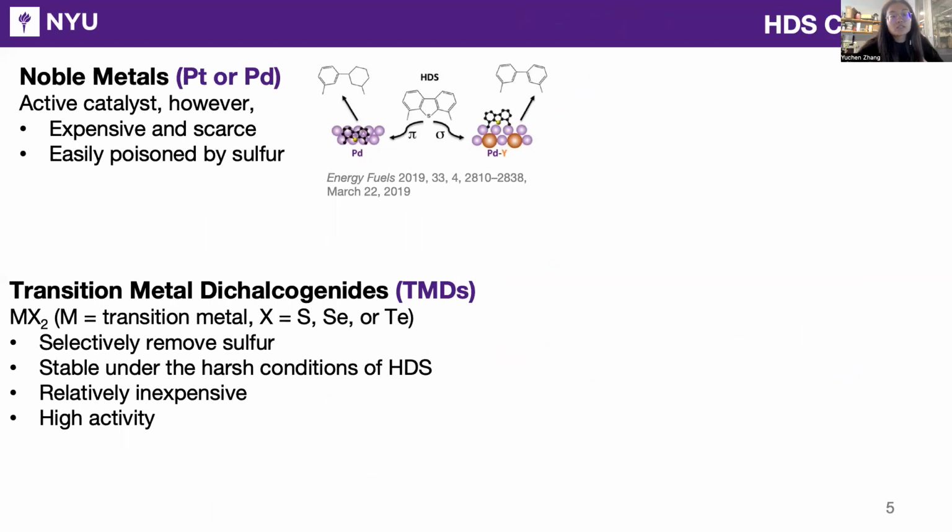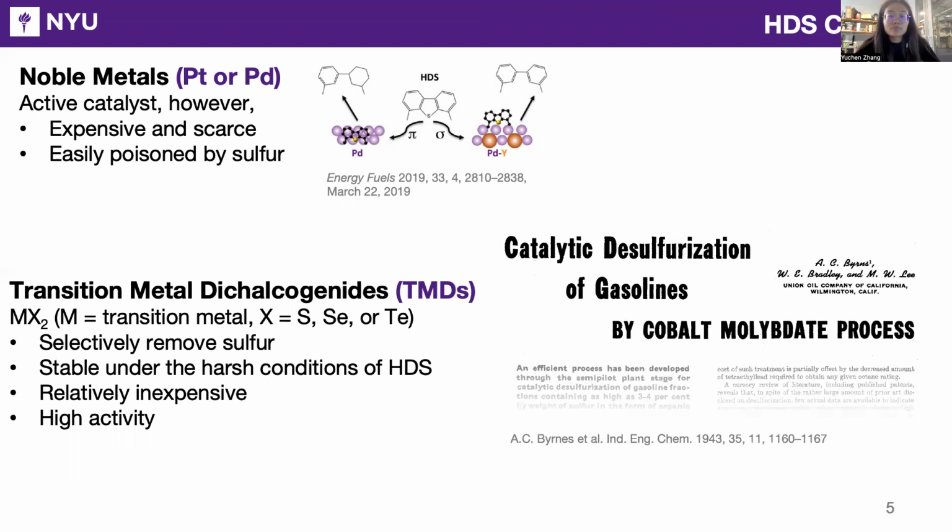By contrast, transition metal dichalcogenide, or TMD, materials are promising for HDS because of their unique properties. They can selectively remove sulfur and stay stable under the harsh conditions of HDS. Moreover, they are relatively inexpensive and abundant compared to noble metal catalysts, and also have high activity during HDS.